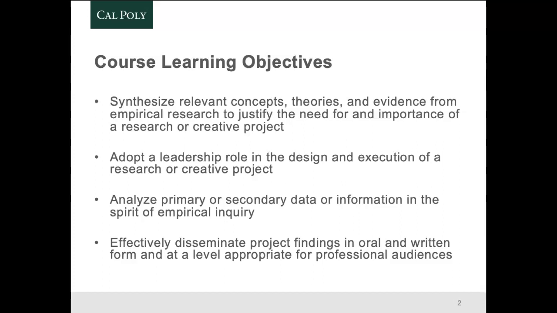Adopt a leadership role in the design and execution of a research or creative project. Analyze primary or secondary data or information in the spirit of empirical inquiry. And lastly, effectively disseminate project findings in oral and written form and at a level appropriate for professional audiences.